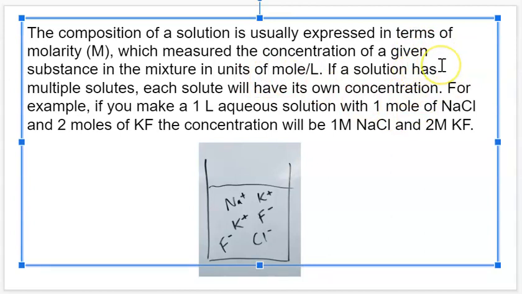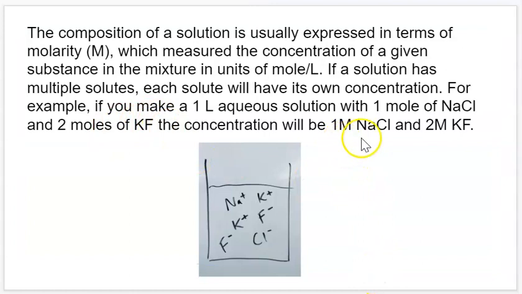And a solution can have multiple solutes and therefore multiple concentrations. So for example, if you had a 1 liter solution and you added 1 mole of sodium chloride and 2 moles of potassium fluoride, you'd end up with a solution that was 1 molar sodium chloride and 2 molar potassium fluoride. So the solution can have multiple different molarities depending on which solute you're focusing on.